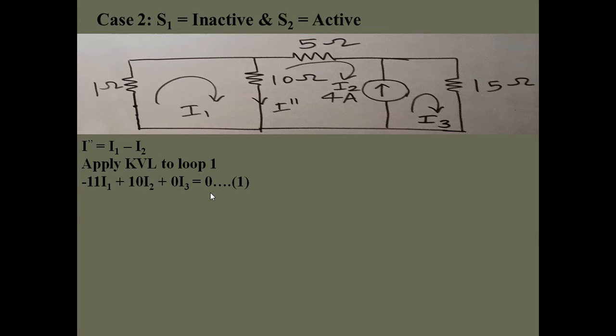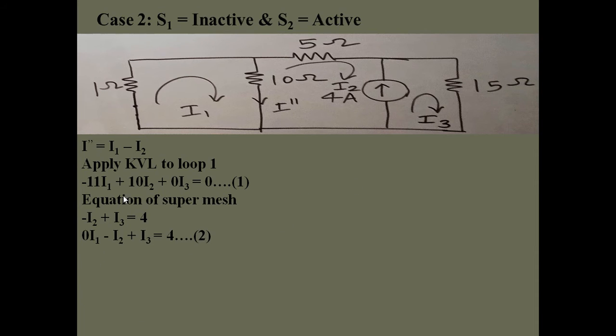For loop 2 and loop 3, there is a common current source branch. So this is a case of super mesh, and the equation of the super mesh is minus I2 plus I3 is equal to 4, because the direction of I2 is opposite to the direction of the current source, whereas the direction of I3 is the same as the direction of the current source.